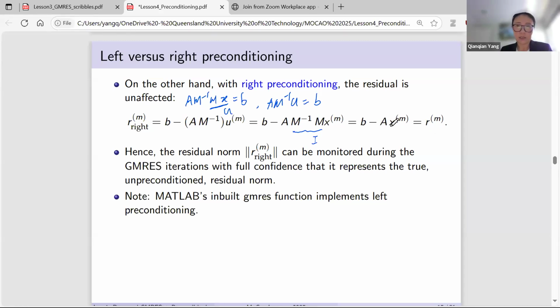So the residual from the right preconditioned system actually represents the true residual. Just keep in mind that the MATLAB built-in GMRES function implements left preconditioning, so the residual vector coming out from GMRES is the norm of the left preconditioned residual.